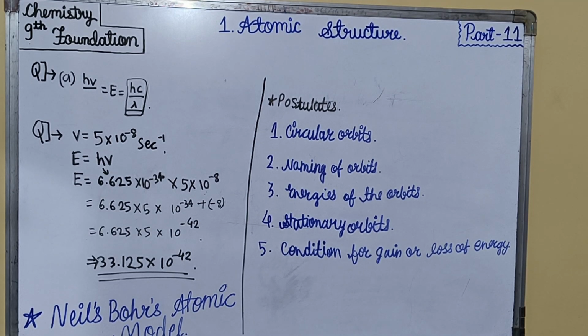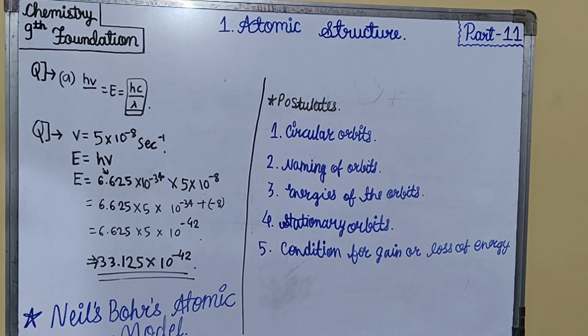The jumping of an electron from a lower to a higher orbit is known as excitation. De-excitation is falling of an electron from a higher to a lower orbit. Energy is emitted when an electron moves from a higher orbit to a lower orbit. Energy is absorbed when an electron moves from a lower orbit to a higher orbit.